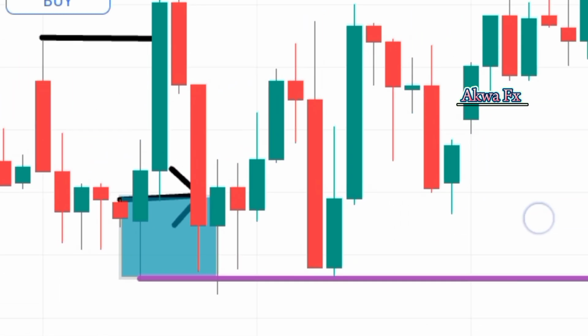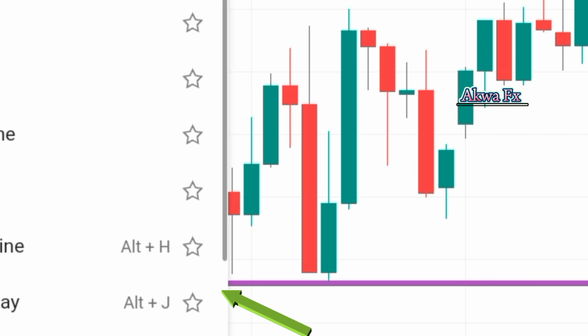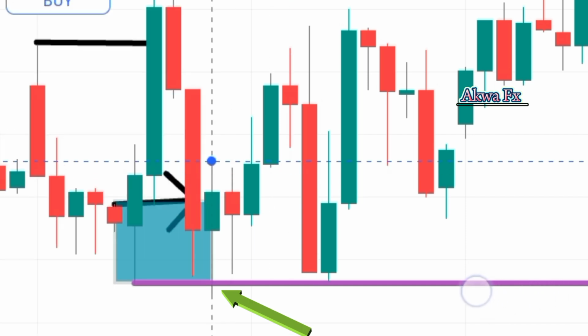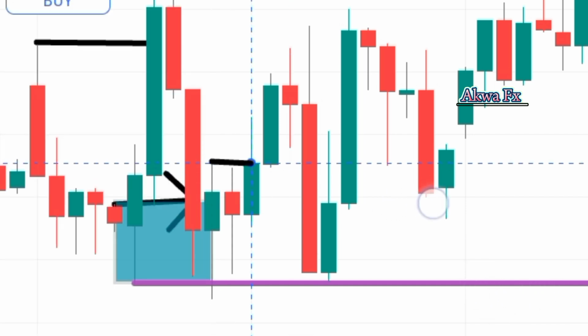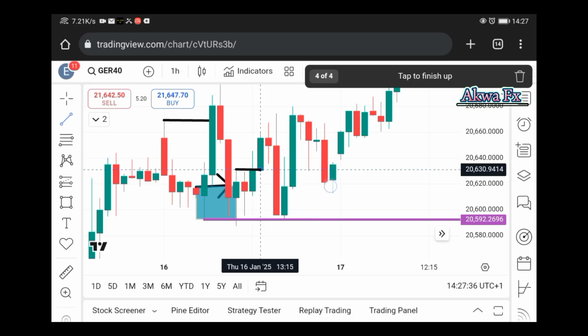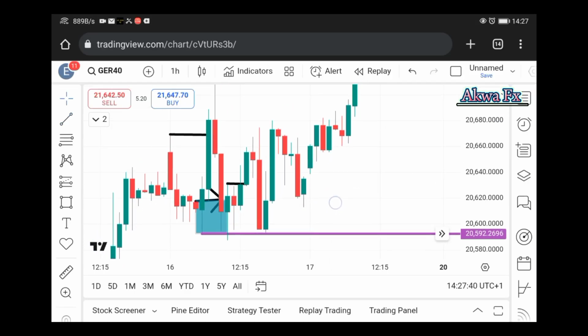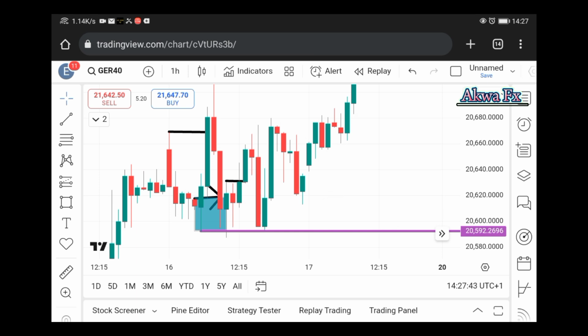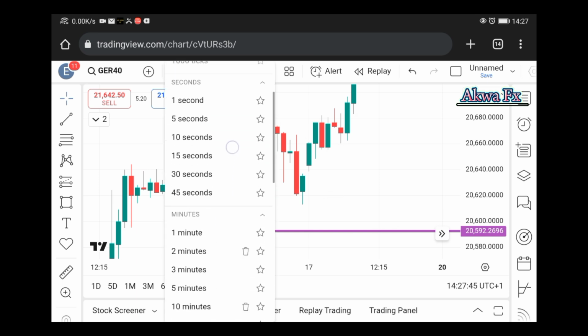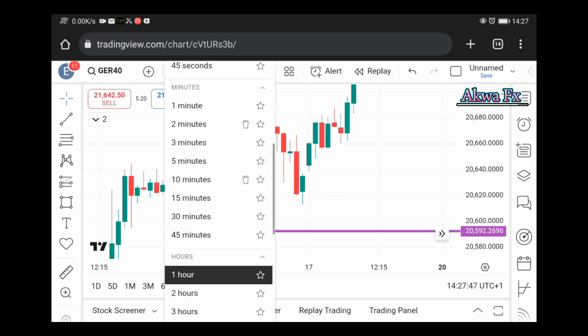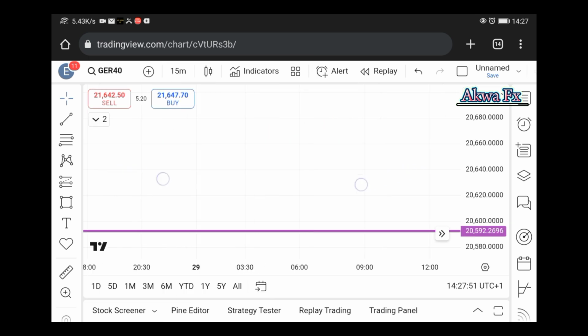You can see there was an inside structure right here. There was inside liquidity right here. So the market took it out and broke structure to the upside. If I scale to a smaller time frame like M15 or 5 minutes, you see the break of that structure.